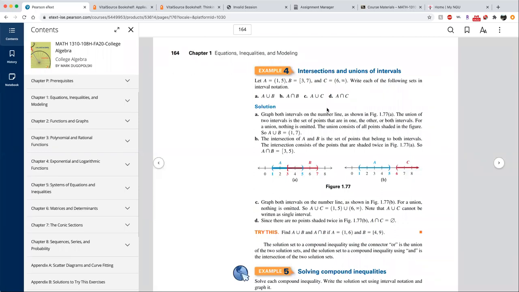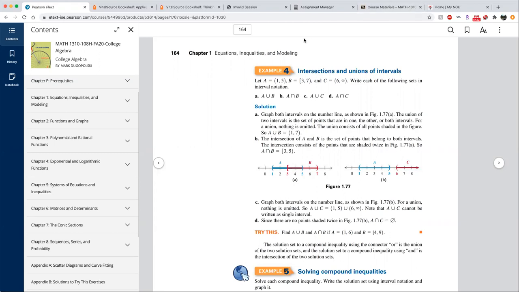Let A equal the open interval 1, 5, and let B be the half-open interval 3, 7, and then C is 6, infinity. Write each of the following sets in interval notation. First one, A union B, and then B is A intersect B, and then C, A union C, and then D, A intersect C.